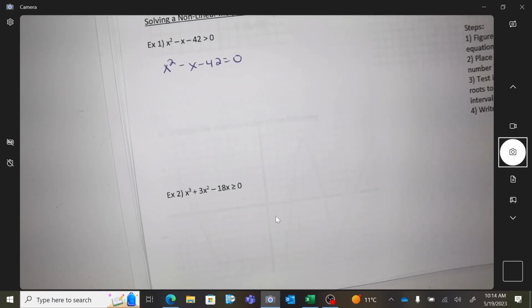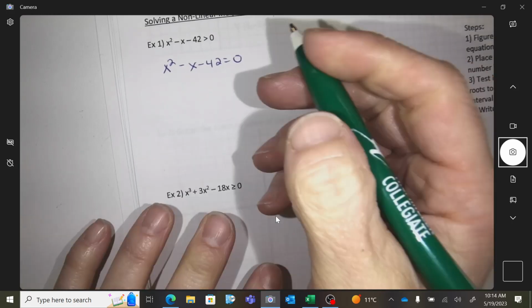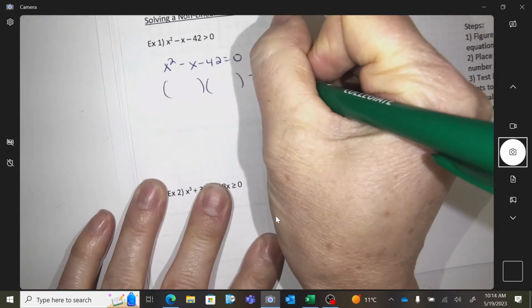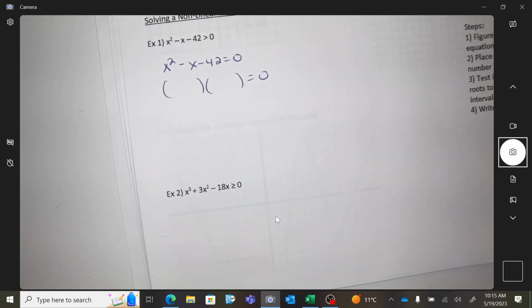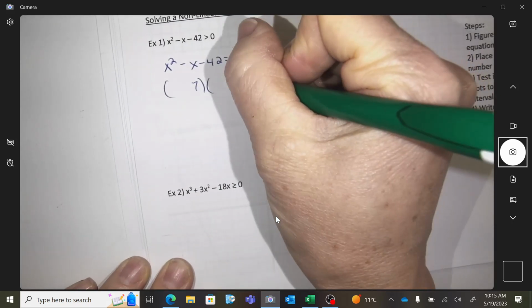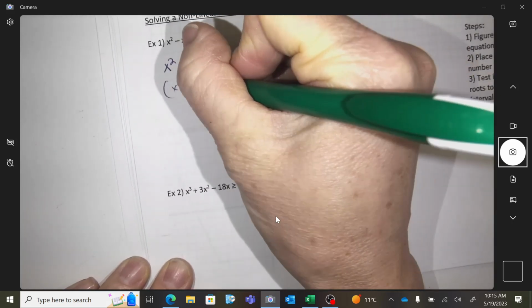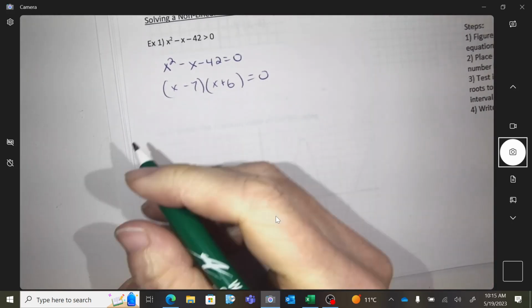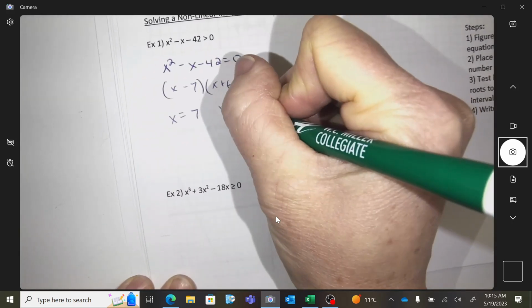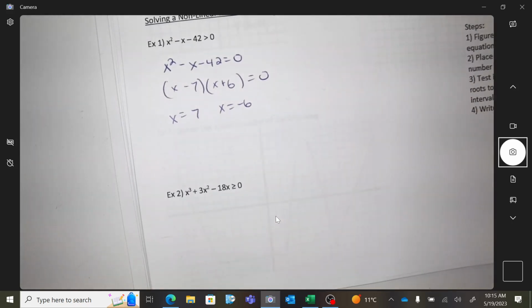It's the F word. How do I get there? Factor it. Okay. Give me some numbers that make 42. 7 and 6. I need to make a -1. Okay, so x equals 7 and x equals -6.